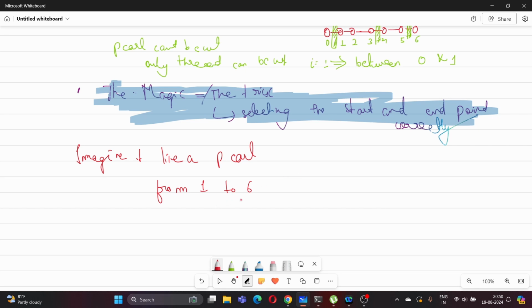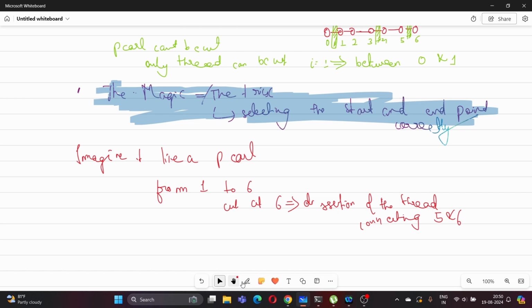Because when we say cut at 6, it implies dissection of the thread connecting 5 and 6, right? So we can cut it here. Now if we have understood this much, just bear with me, we are almost there.